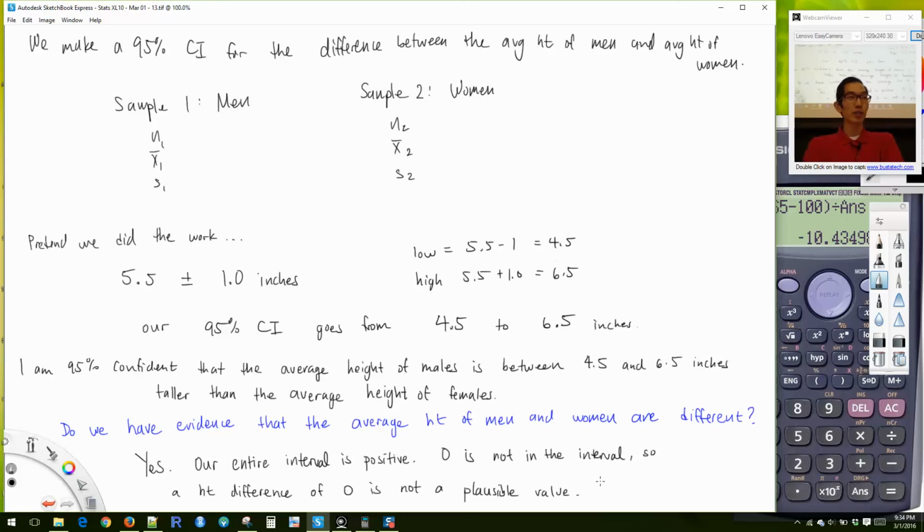And so what that means is the average IQ of men is anywhere from 5 points lower to 5 points higher than the average IQ of women, okay? So would we have evidence that there's a difference between average IQs of men and women? In that case, it would be no, because 0 is inside our interval. 0 is a plausible value for the difference, meaning it's quite possible that men and women have the same average IQs and would have an average difference of 0.